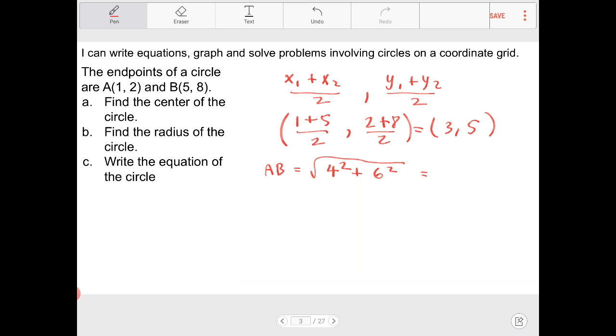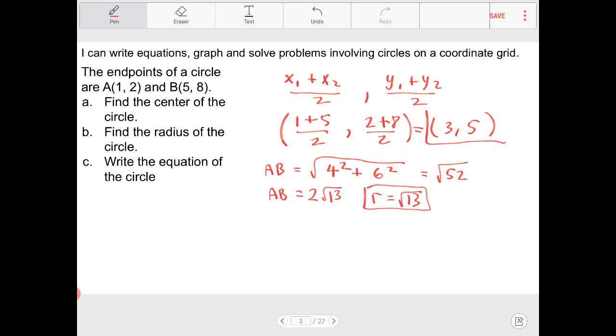So this is 16 plus 36, the square root of 52. The square root of 52 can be reduced to the square root of 4 times 13, or 2 square root of 13. So AB is 2 square root of 13, so the radius has to be half of that, which is simply square root of 13.